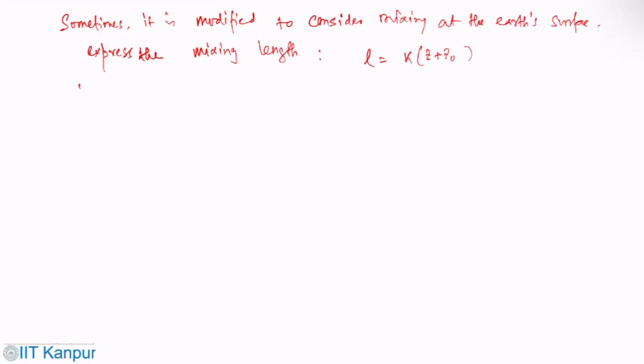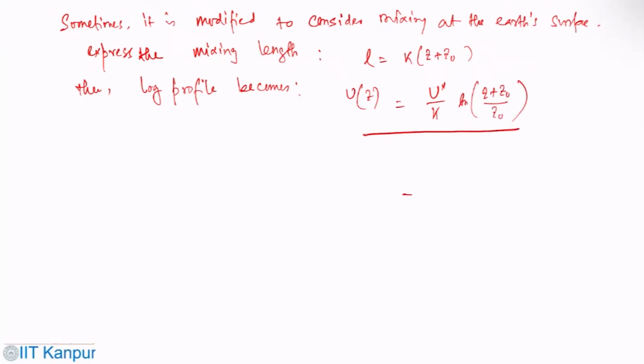Then my log profile becomes U of Z equals U star by kappa times ln of (Z plus Z0) by Z0. So this is what you can get, and you can use this.